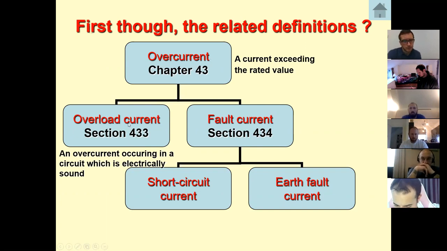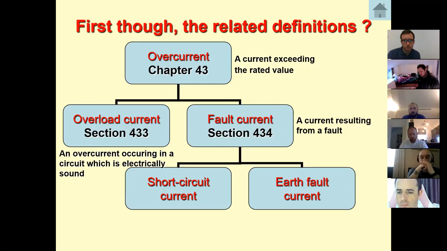This one tends to be times 1.5, times 2 current, small amounts of overload current. And they can be the worst because they can sustain on the system, as you'll see later on, for long periods of time and cause damage. Whereas your fault currents, your short circuits, your earth faults are going to be of such a magnitude that they clear the fault quite quickly.